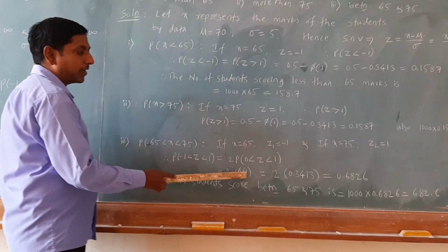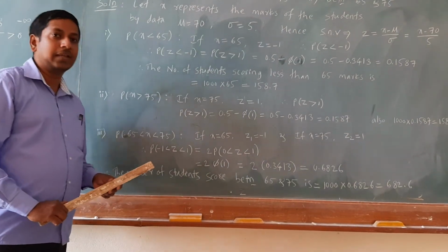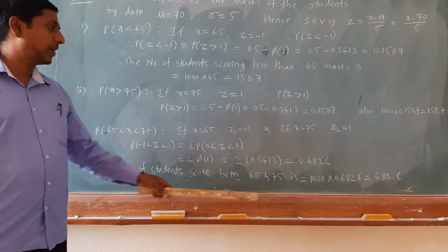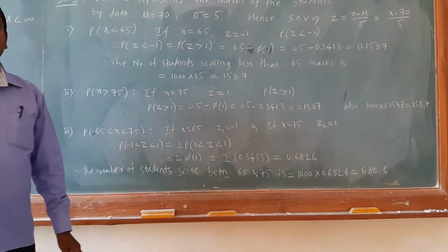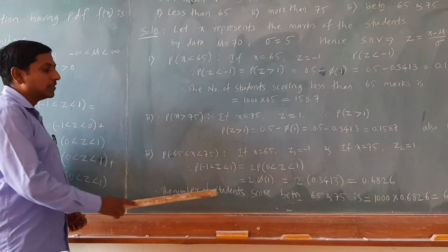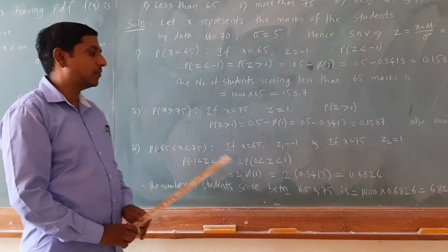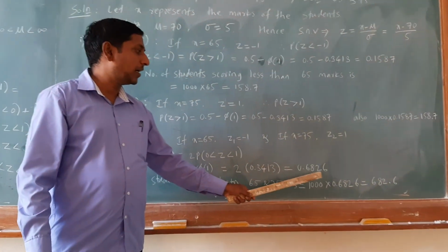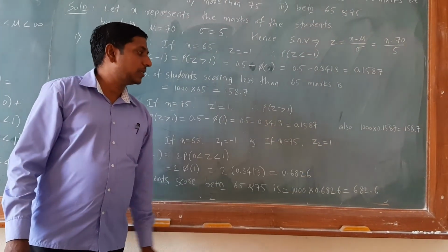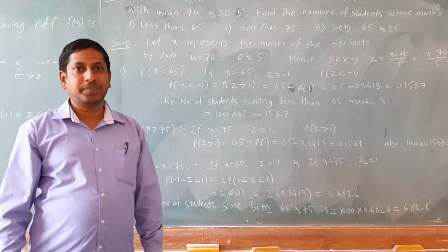So 2 into phi of 1, our phi of 1 value is 0.3413, and after simplifying we get 0.6826. Then the number of students who score marks between 65 to 75 is 1000 into 0.6826, which gives 682.6. Thank you.